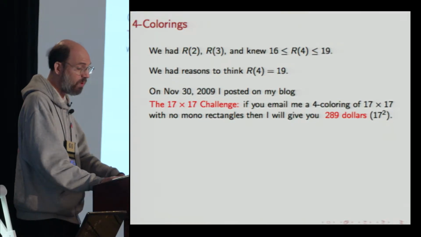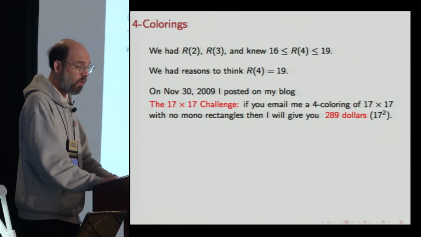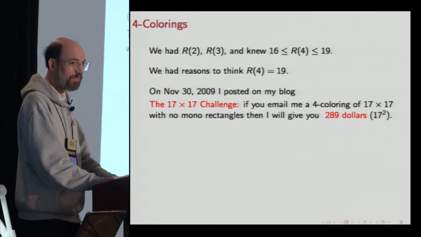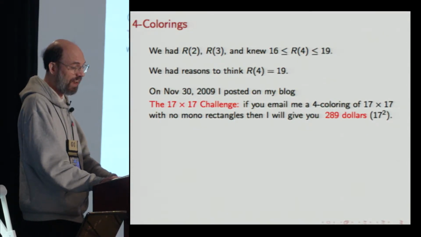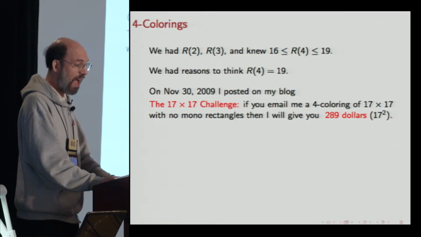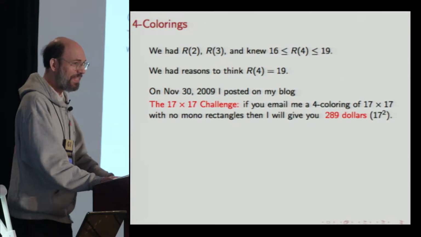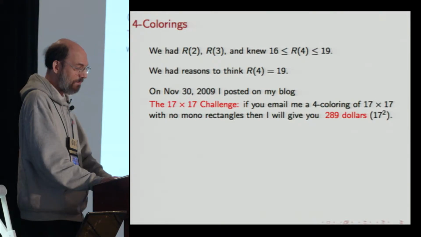We thought that was true. We could not prove that, so we did the obvious thing. We posed a challenge with money. The 17 by 17 challenge: I put up on my blog, if you can give me a 4-coloring of 17 by 17, which we didn't have, I will give you $289. Wow. Not the Millennium Prize, but you do what you can. Okay, and did it work?